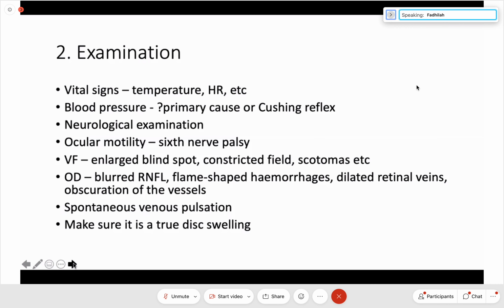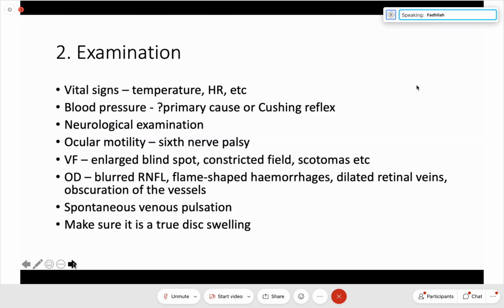So patient has SOL, for example, in the brain. It causes raised intracranial pressure, and this would stimulate Cushing reflex. Cushing reflex is a triad of high BP, irregular breathing, and bradycardia. So it can be the main cause of the condition, as in malignant hypertension, or it can be the reflex secondary to raised intracranial pressure, right?